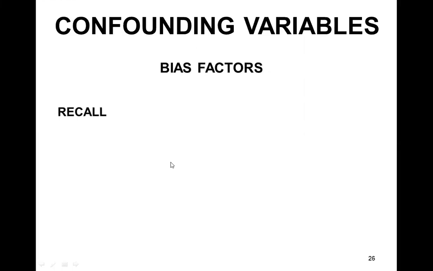Okay? So I'm going to talk about confounding variables, just so that we're all familiar. You are all familiar with confounding variables and bias factors. And in the field of psychopharmacology and pharmacotherapy in particular, there are often accusations that any study that's sponsored by a drug company has an inherent bias factor that influences the outcome of the data.